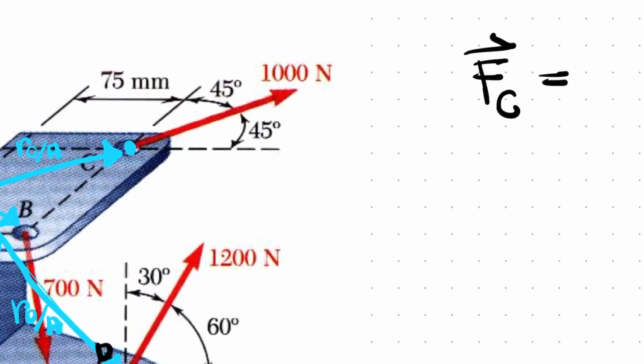Okay, so first, what is F sub C? Vector force at point C is equal to... what is the force at C?